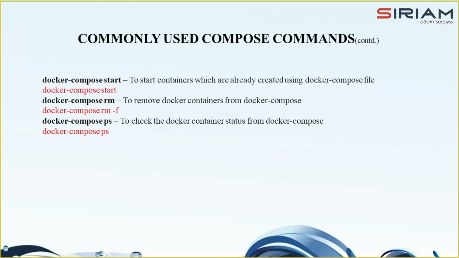And docker compose start starts the containers that were created using a Docker Compose file, right? When you run docker compose start, it starts all the containers that were defined in the docker-compose.yaml file. And this command is useful when you have stopped containers and want to start them again without recreating them, right?